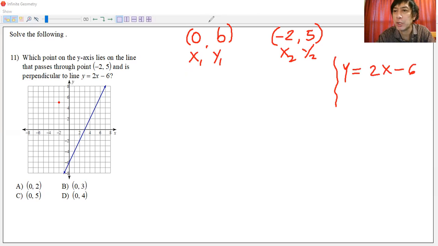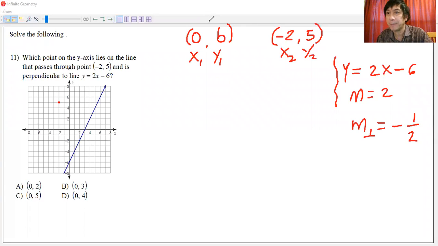All right, the slope here is 2. Now, if it's perpendicular, then it's negative reciprocal. That's negative 1/2, okay? Perpendicular is negative 1 over 2, the reciprocal of 2 over 1. Then the negative of that is negative 1 over 2, all right?